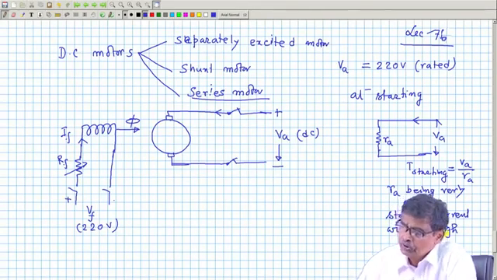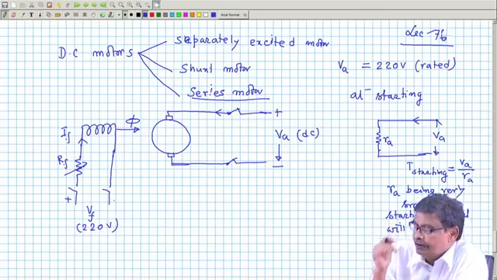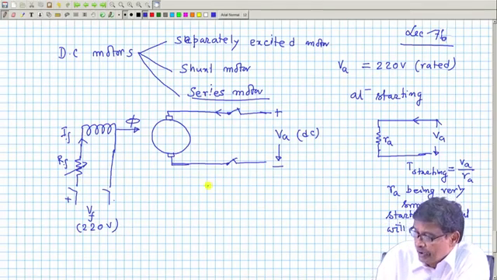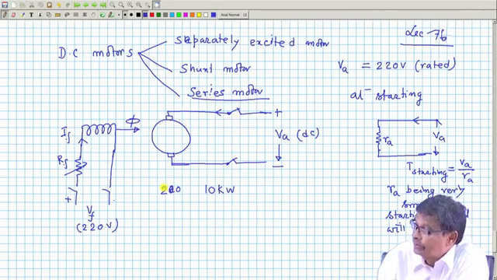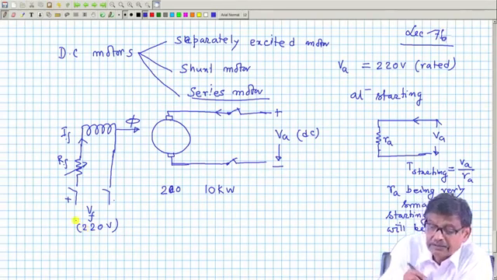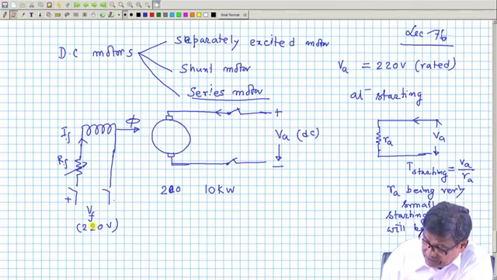So you just see globally that suppose you have a 10 kilowatt 220 volt DC machine, or I will take 200 volt for simple calculation, so that I can compute easily.